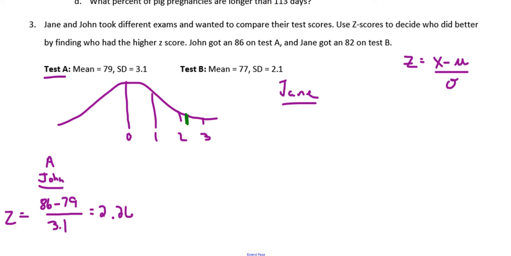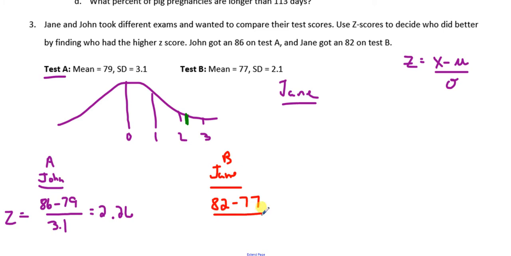Jane, I'll do her in red. Jane on test B. Jane got an 82, but the mean was lower. So John got 7 over the mean.